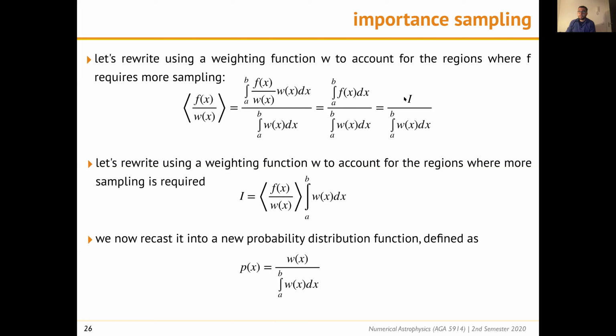But in principle, it's easy to follow that we get I. I'm calling this integral I, and here it's just a normalization integral. Now isolating I, I get this. We can now just recast this w into a probability distribution function, which is literally just to normalize it to ensure that it's 1. So P of x, the probability distribution function, is the function w divided by the normalization of w, the integral.